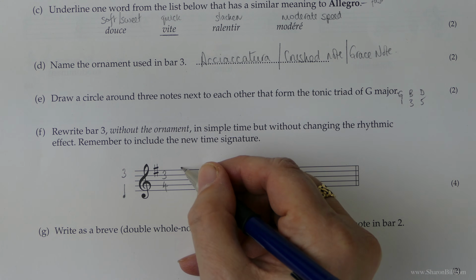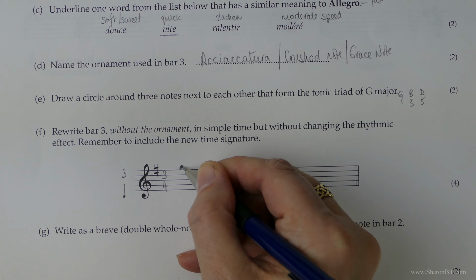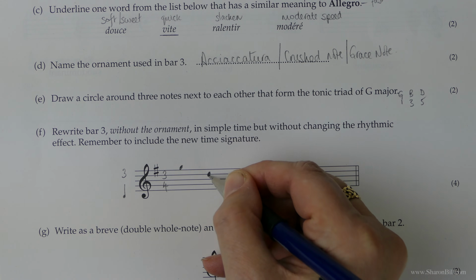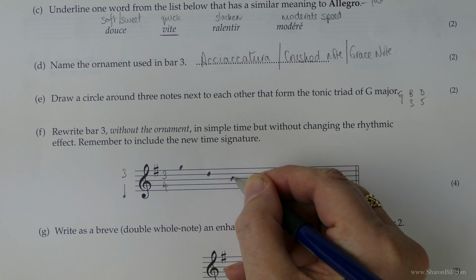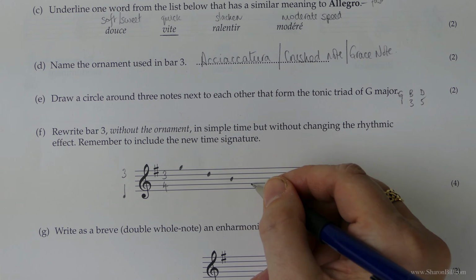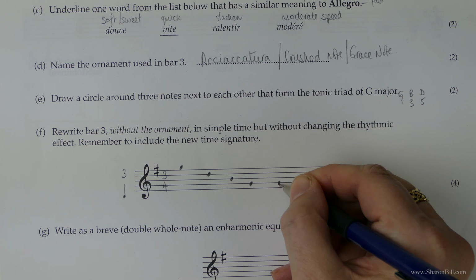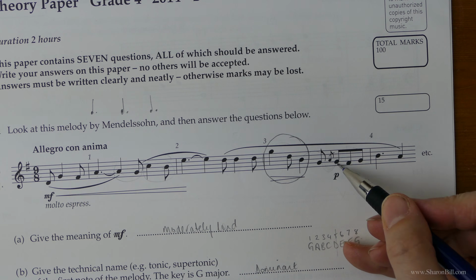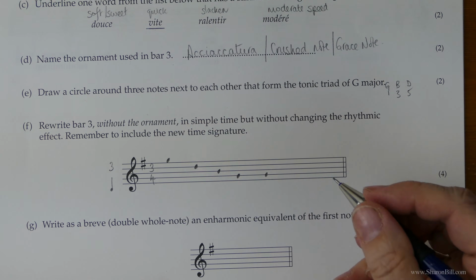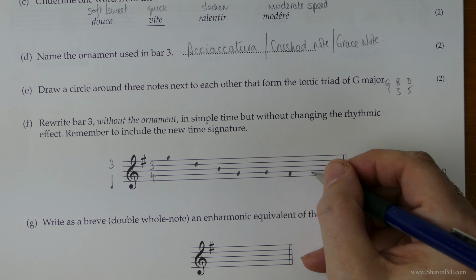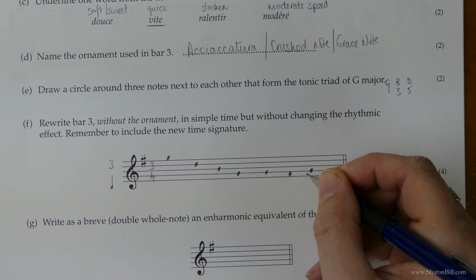So we need a G. Just have to keep glancing up the page to get that. D, B, G. Don't worry about the ornament, remember, so I'm just going to go straight to the G again. So we're just skipping this and doing G and then G again. G, F, of course it's F sharp, our key signature's there doing the job for us.